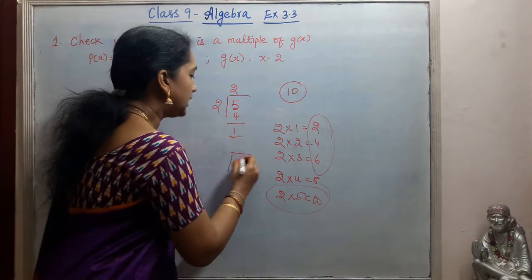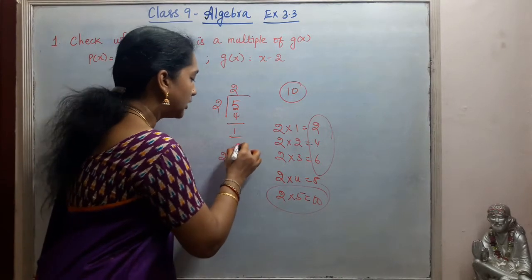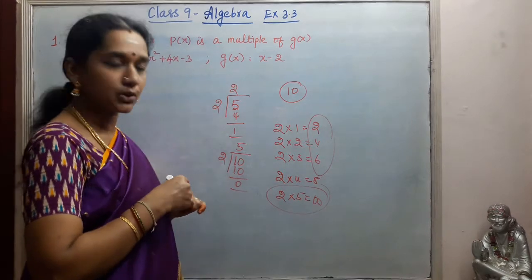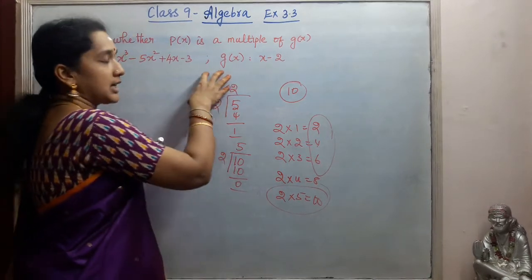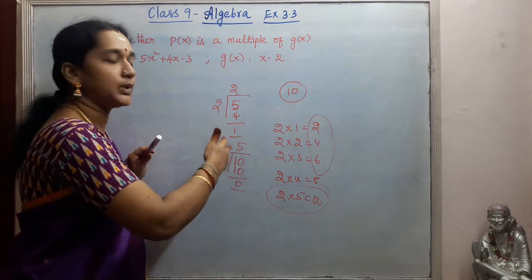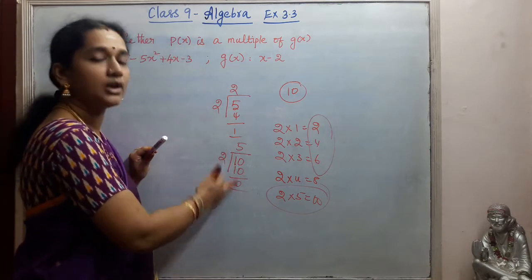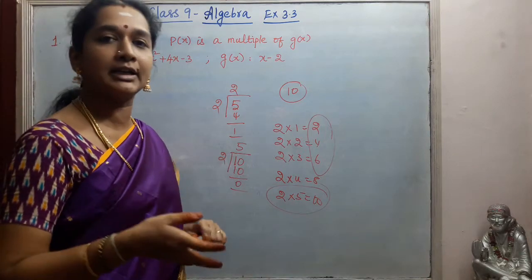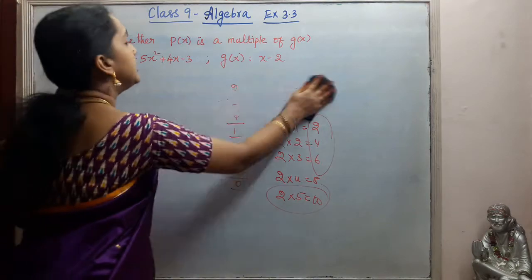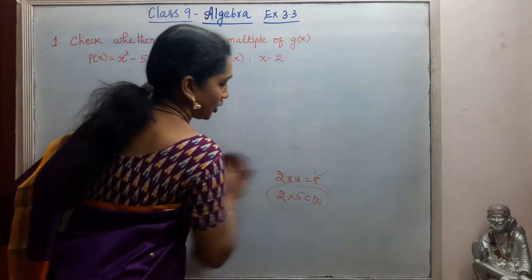The same thing, if we divide 10 by 2, 2 5s are 10, we are getting remainder as 0. So, if we are asked to check whether it is a multiple, we divide and check whether we are getting a remainder 0, then we can say that it is a multiple of the other one. The same rule we are going to apply in this question also.